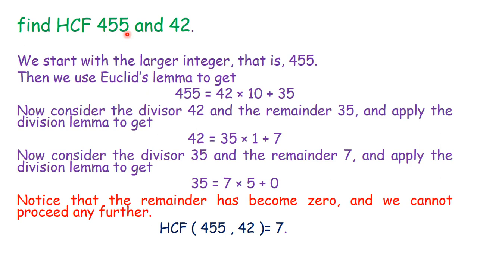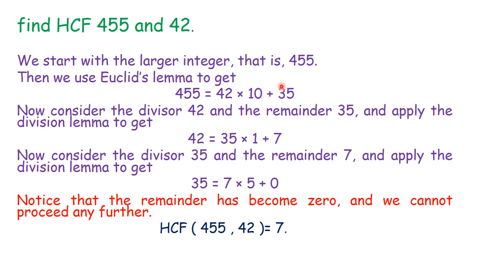So now if you divide that larger integer by 42, you will get dividend 455 is equal to divisor 42 into quotient 10 plus a remainder 35. Means we have used Euclid's division lemma to these two integers 455 and 42.